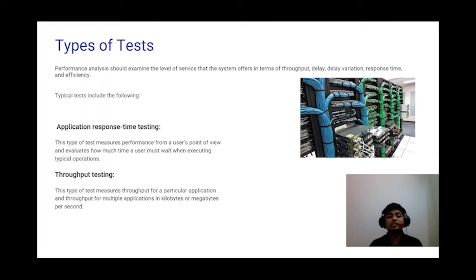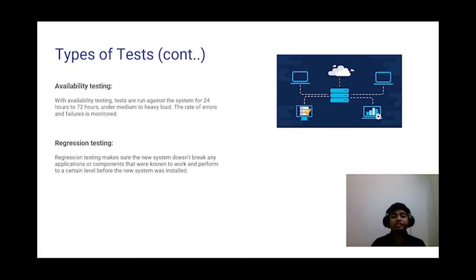The second one is the throughput testing. This type of test measures throughput for a particular application and throughput for multiple applications in kilobytes or megabytes per second. The third one is availability testing. With availability testing, tests are run against the system for 24 hours to 72 hours under a medium to heavy load.